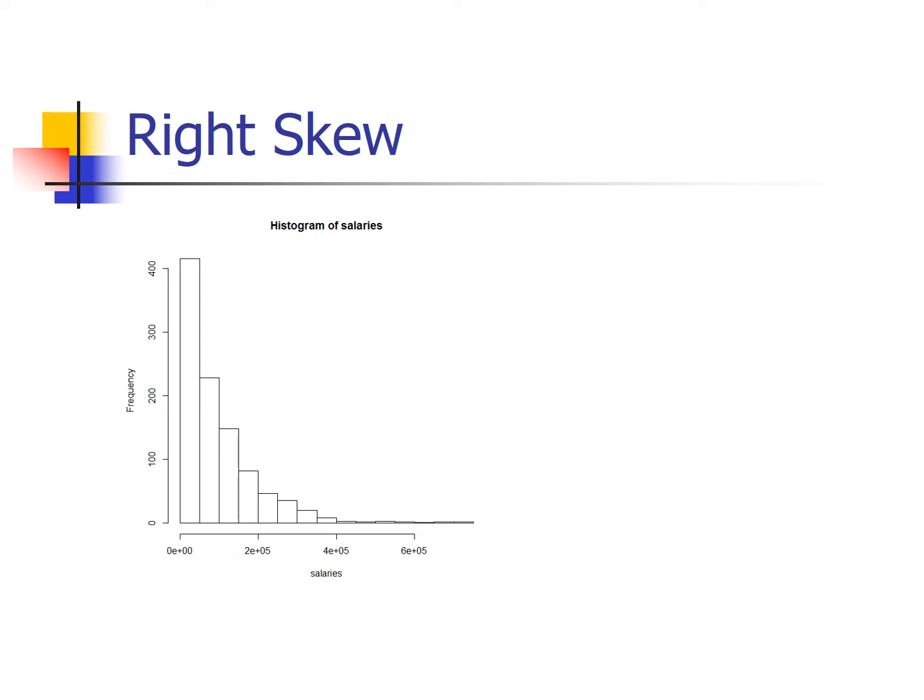Part of why is because you can't really make less than $0, so we have a bit of a wall effect, an invisible wall at 0. But in theory, there's no upper bound on how much a person can make, so it smashes against that invisible wall to the left, but tapers off indefinitely to the right.